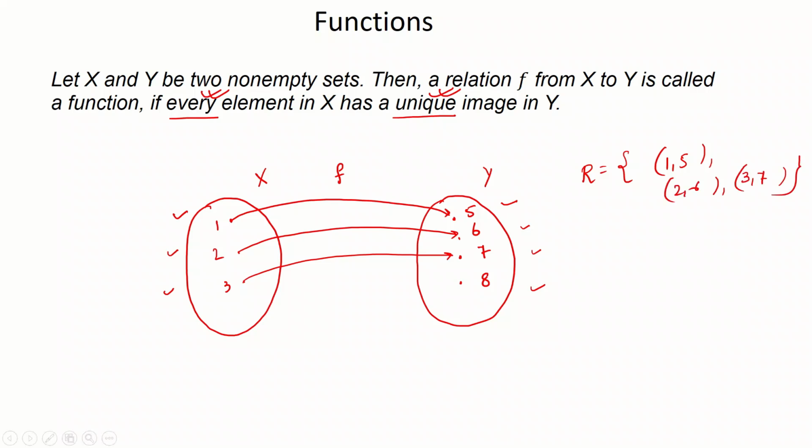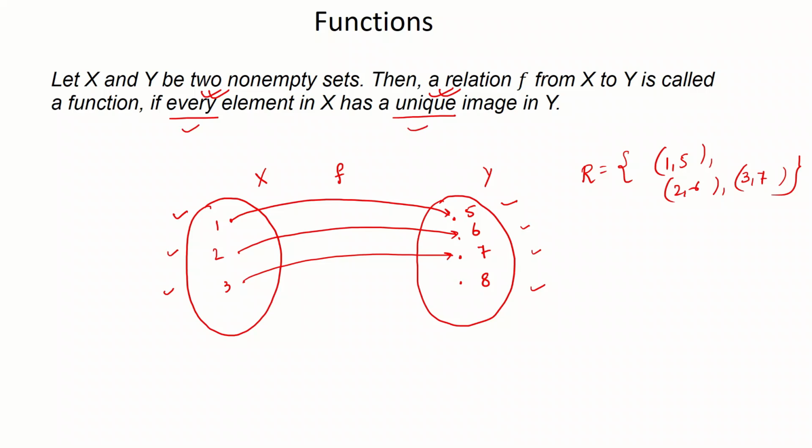So this relation has to have three properties. Okay, not three, in this case two, because we are already assuming that it is a relation. If this relation has two more properties in it, these two words every and unique, then it will be a function.